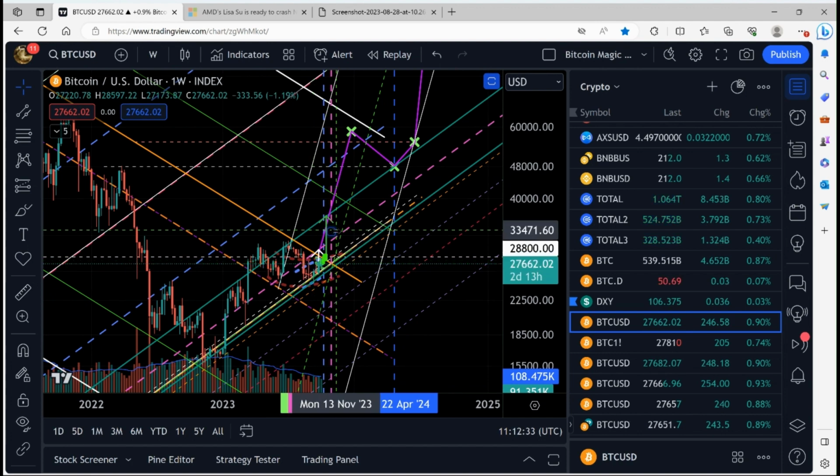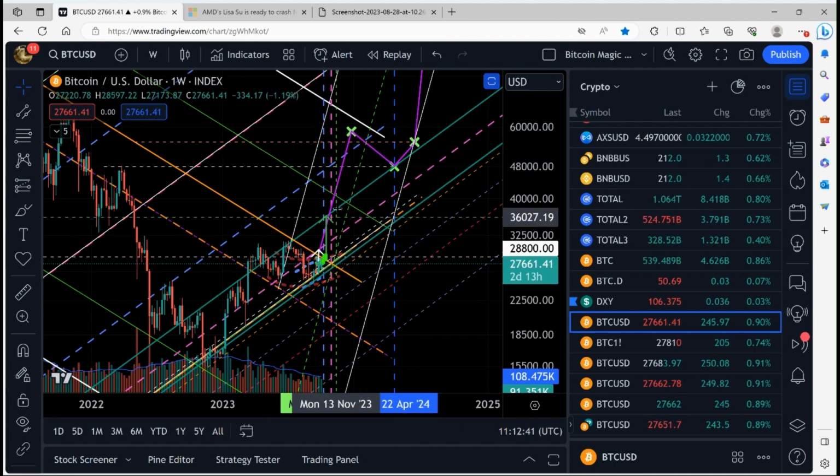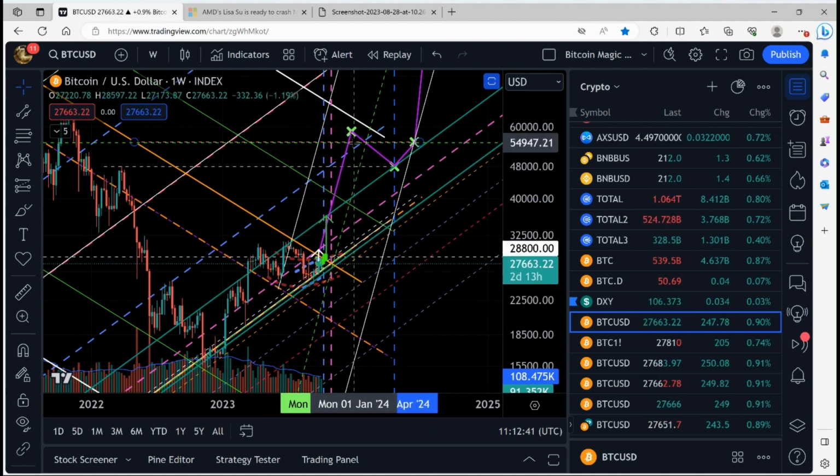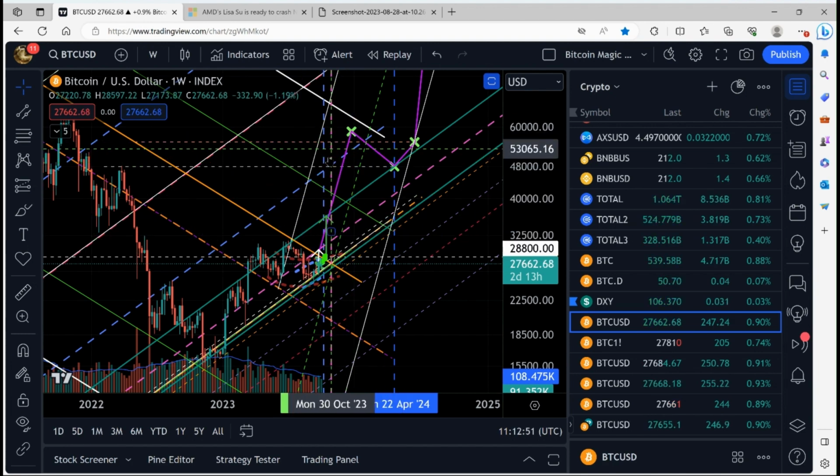So this is where I see us heading up right here. Boom, boom, boom. And I have it drawn out. That's why I have this here. I see us coming up to, and I have various reasons for this, but we won't get into them now because I've gone over this time and time again. This is where I see us heading by maybe January.